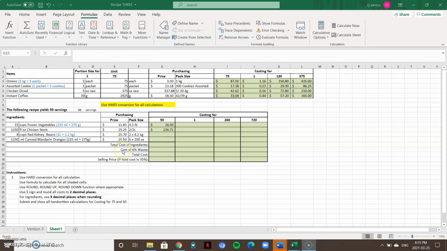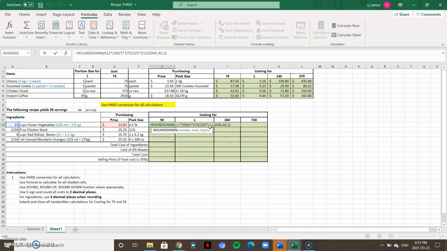So for the second part of the recipe costing, we would go to frozen vegetables. So what I did here is I put 15 cups, then multiply that by 250 milliliters because that is how much is in 1 cup, hard conversion. Then multiply by the weight equivalency, so 275 grams divided by 225 milliliters.